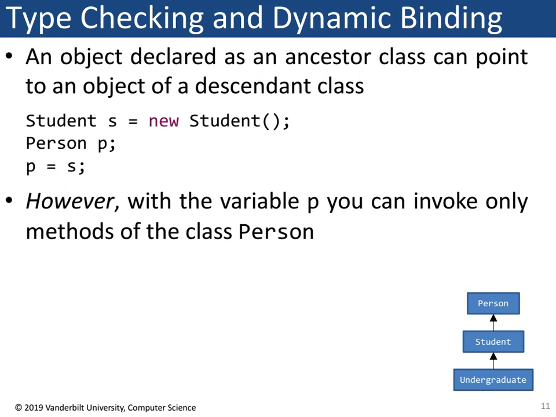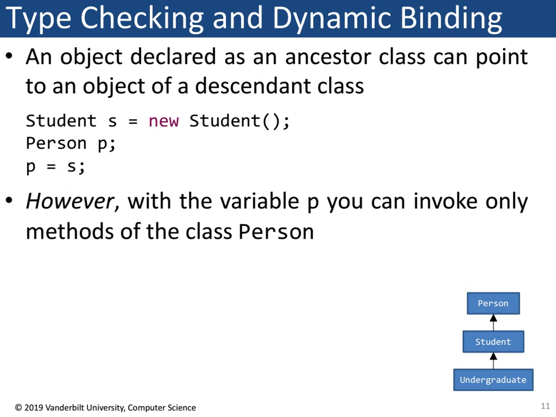So you could say p.getName because getName is a method which is declared in the person class, but you couldn't call p.getStudentID because getStudentID is declared in the student class. However, that does not mean that when we use p to call a method such as toString, that we will use the toString method defined in the person class.